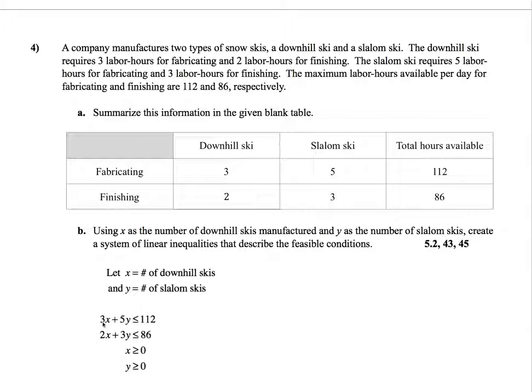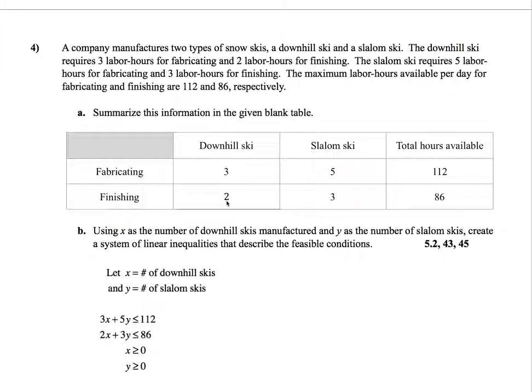And so 3 hours for each downhill ski, 5 hours for each slalom ski, and the one equation is going to represent one process, fabricating, the manufacturing, before finishing.